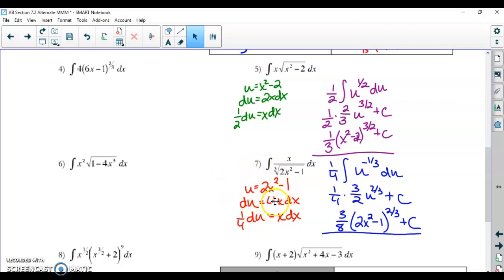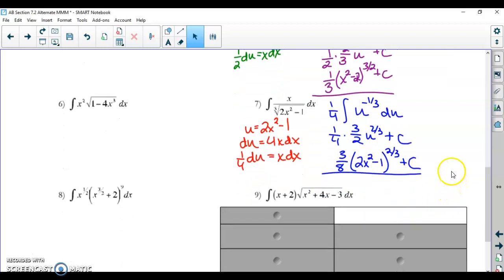That's not part of my integrand, so I'll divide that to the other side. And that tells me my coefficient out in the front is going to be a 1/4. I rewrote the u part with a negative exponent so that I could reverse power rule. When you add 1, remember you're going to get 2/3, and then when you divide or multiply by the reciprocal, it becomes 3/2. And then don't forget at the end to resubstitute, and don't forget your plus c.